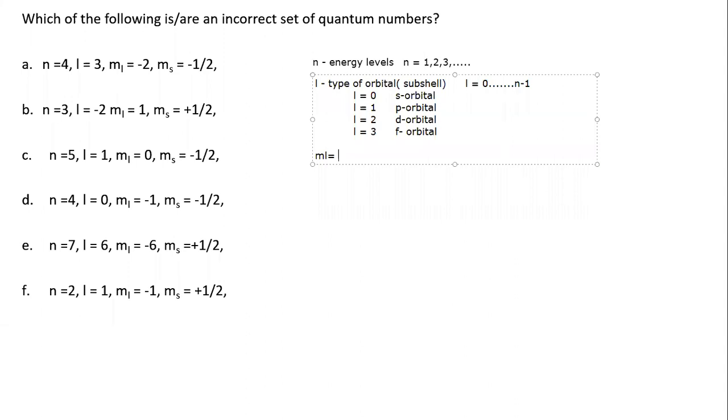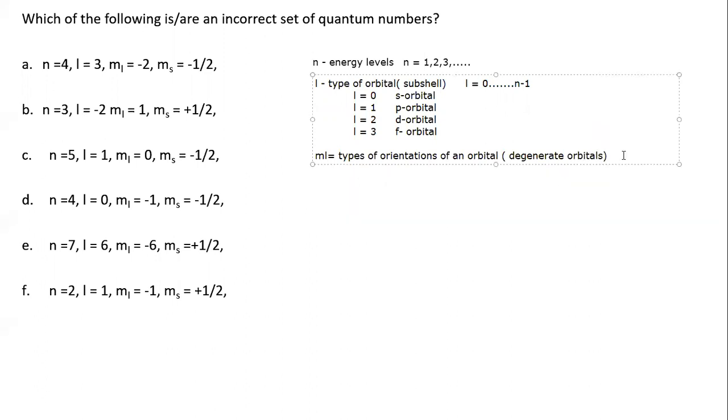It tells you the types of orientations of an orbital. And these are all degenerate orbitals, meaning they all have the same energy.